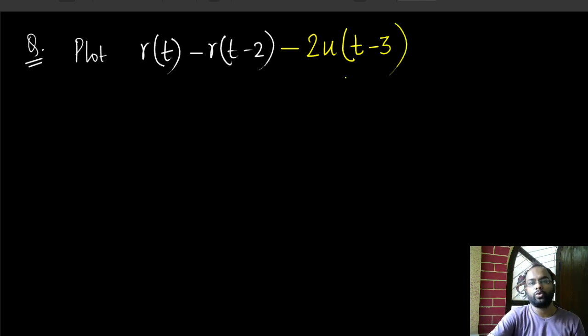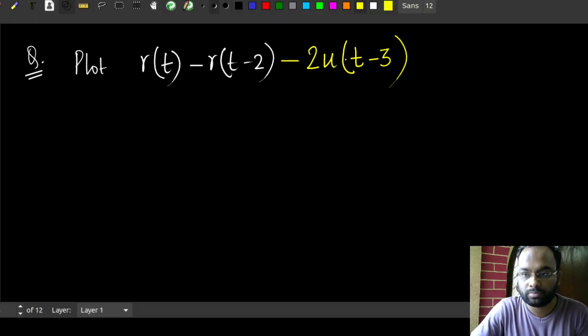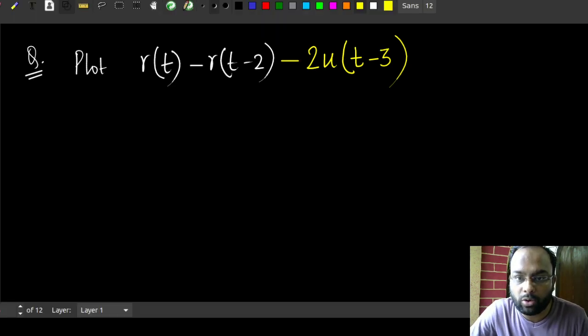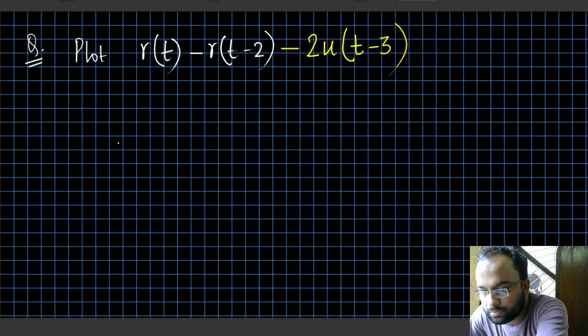So I want you to draw this. Now we have a mix up of u and r. So we have step and ramp functions. Right? So can you people figure out this one?